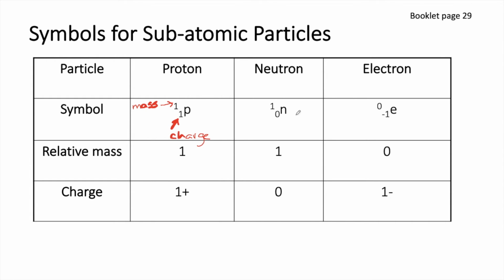For our neutron, it has a relative mass of 1, mass on top, and a charge of 0, charge on the bottom. Our electron, represented by the letter E, has a mass of 0, so we have a 0 on top here. And it has a charge of -1, so we have our -1 represented here. Make sure that you get a note of that in your pupil booklet.